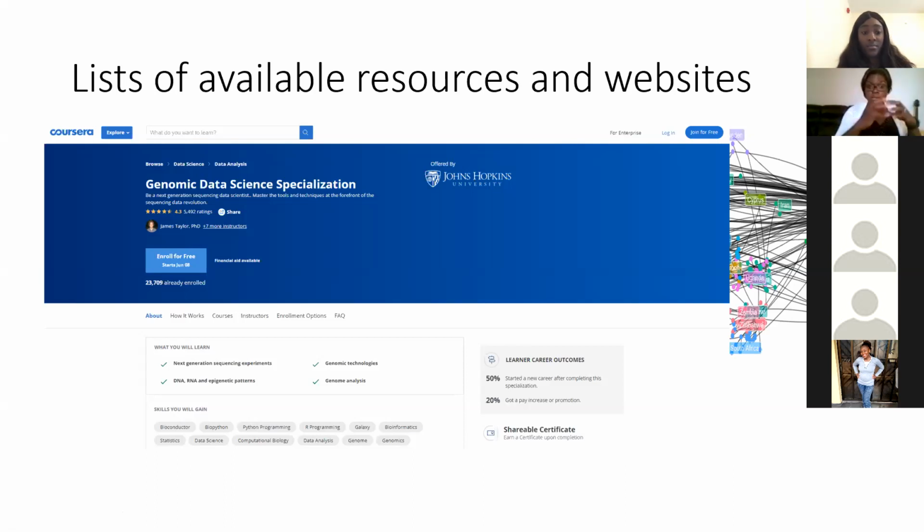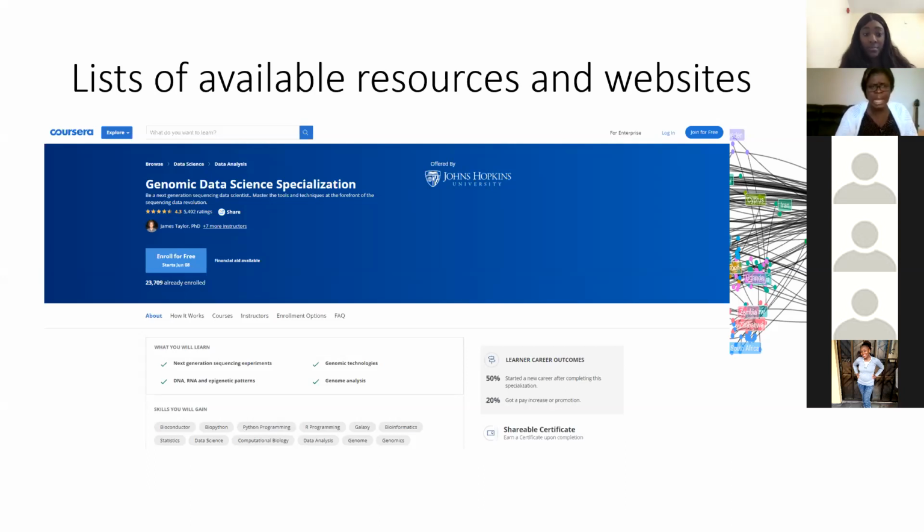The pipelines and all of that, it's going to introduce you to that. Then it's going to introduce you to the Python programming language itself, then programming in R. I do some of my programming in R. It's very essential. Galaxy for RNA sequencing data, it's huge. It's very nice. If you can make the time to follow courses like this, it would really, really help enhance the tools you have in your toolbox.